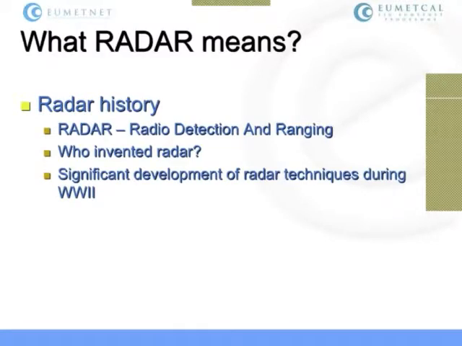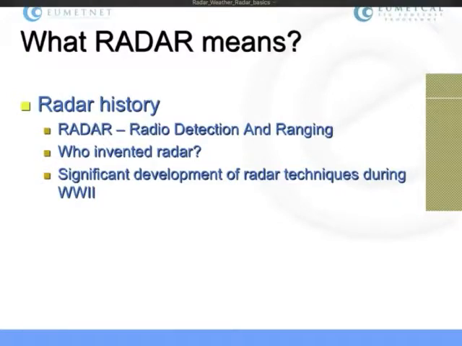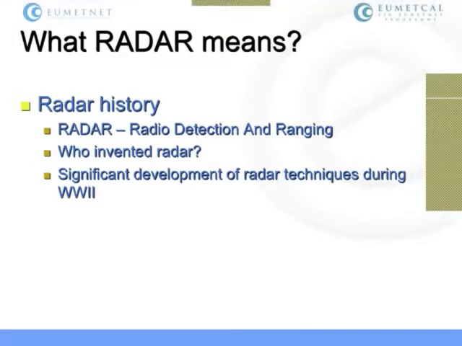So actually, what does radar mean? I think all of us know what radar means. It means that, given a target, we can send radio waves, and through the propagation of these, we can detect that and we can calculate a range to that target.